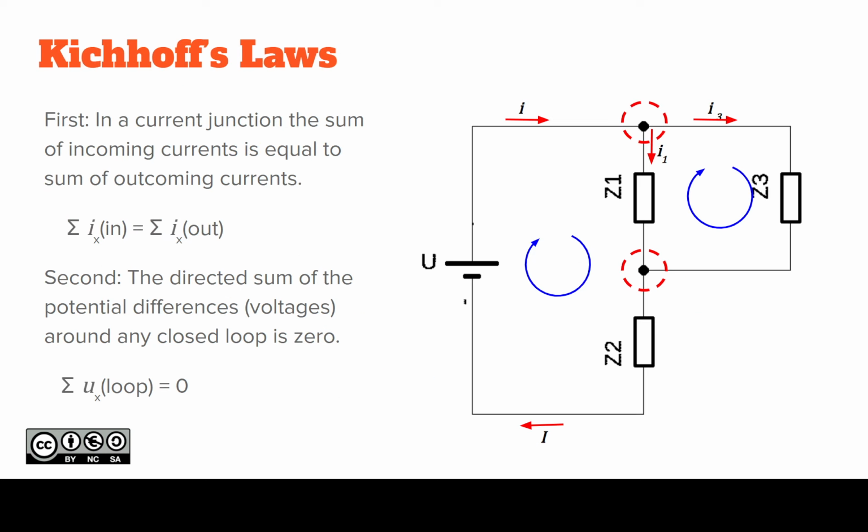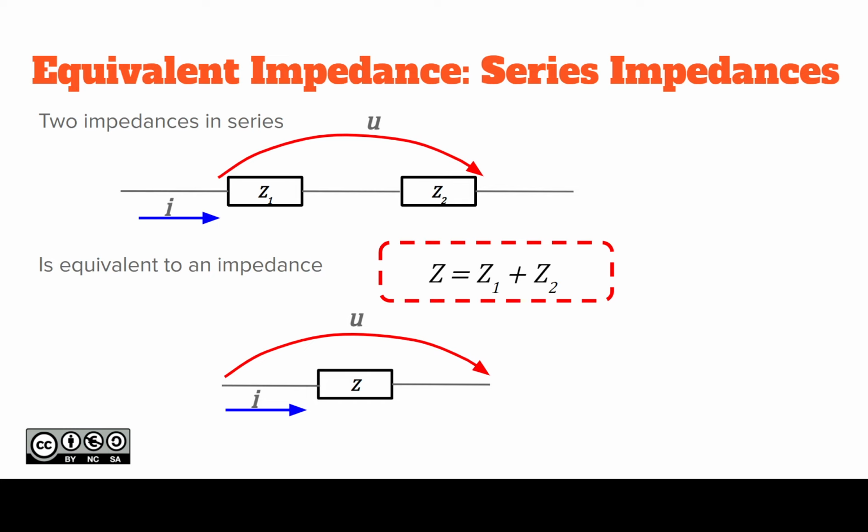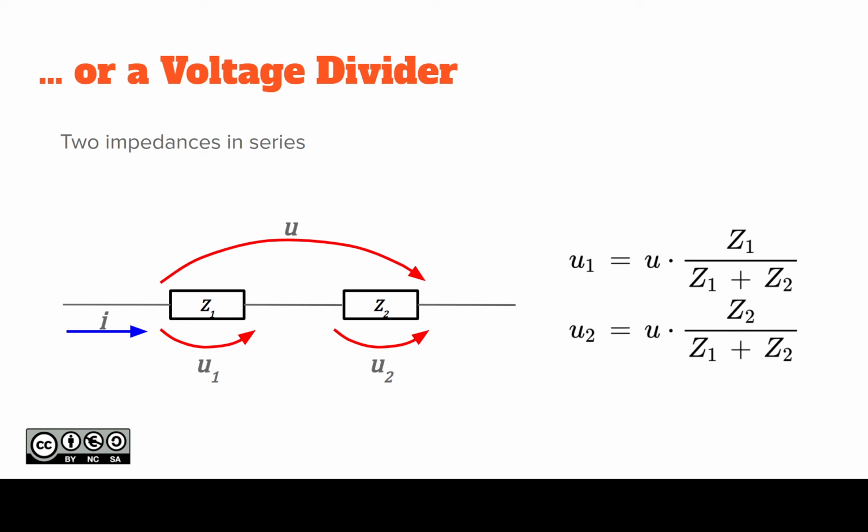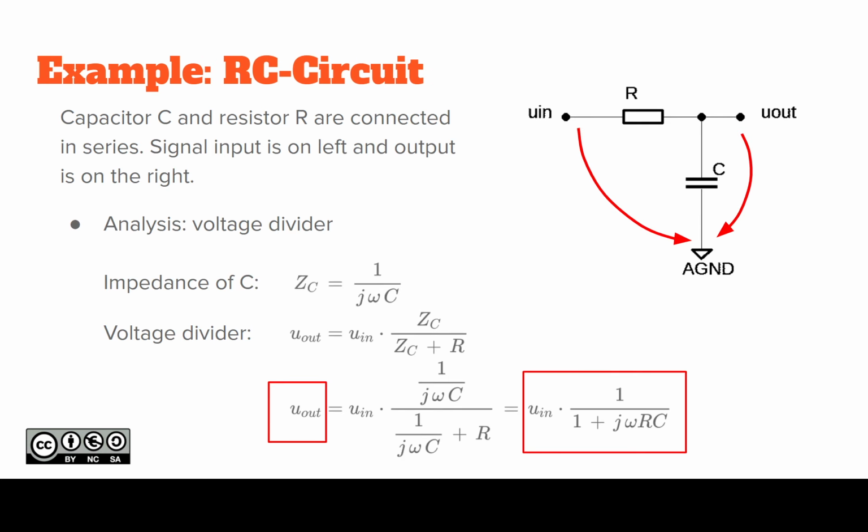Nothing more than that. Kirchhoff follows the same, the shortcuts are still the same. Series impedances work as a voltage divider. For example, a voltage divider between a resistor and a capacitor will end up being a circuit that works as a filter. That part is fairly interesting.